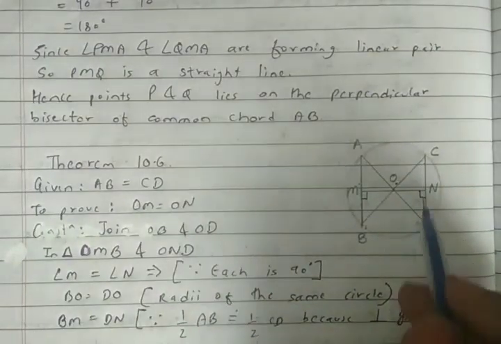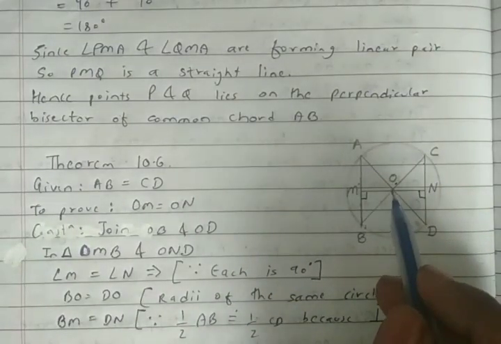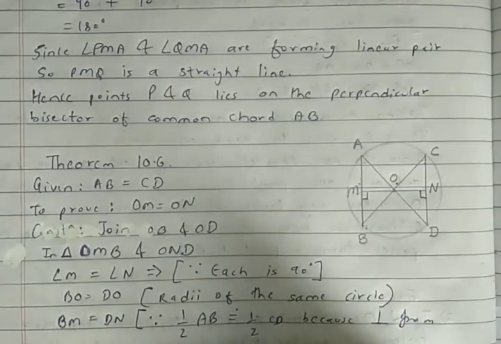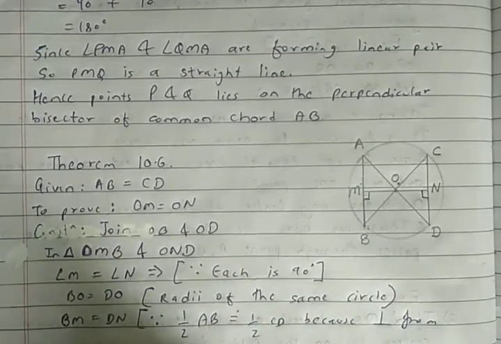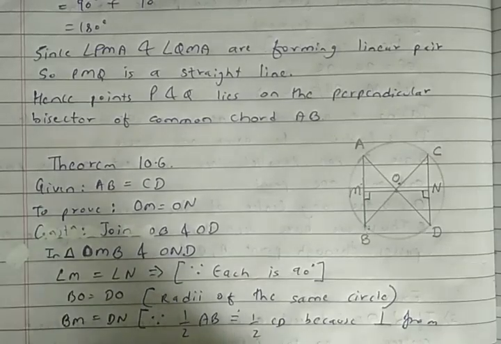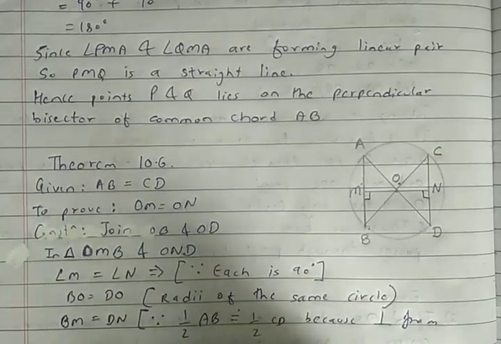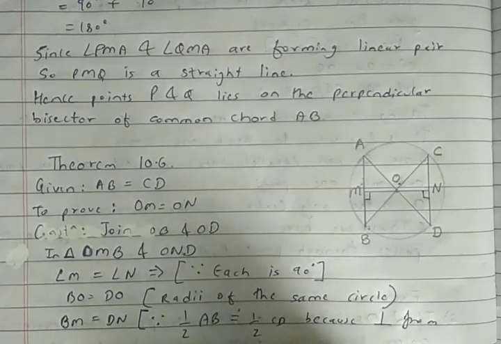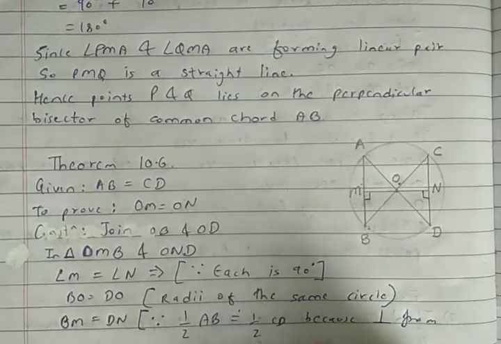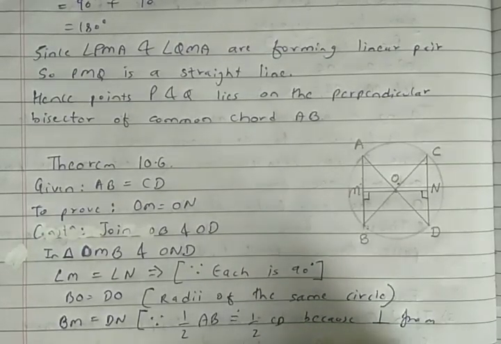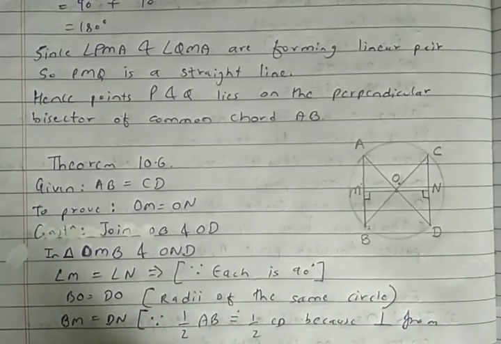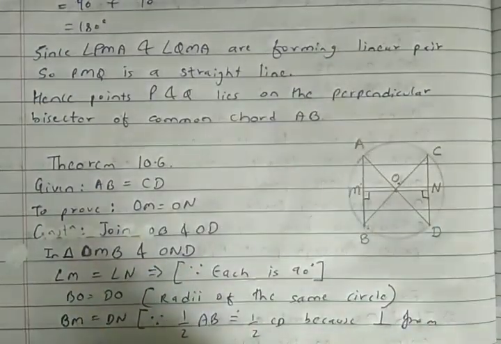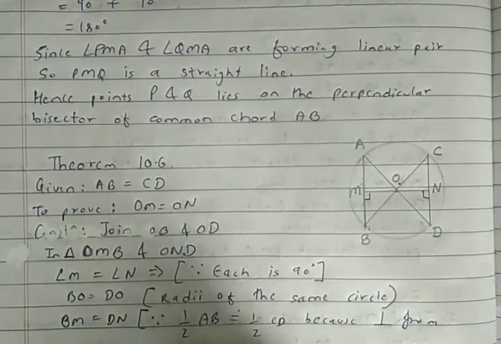This chord is being bisected from O. Hence we can say that triangle OMB is congruent to triangle OND by RHS congruency rule. And we can say that OM is equal to ON by corresponding parts of congruent triangles.